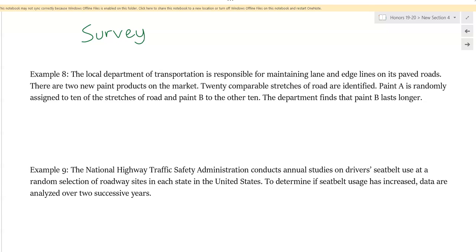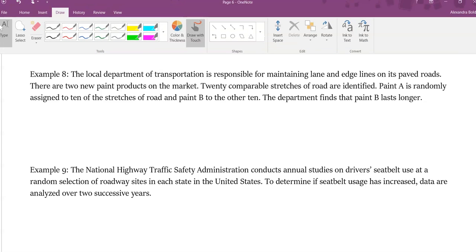The local Department of Transportation is responsible for maintaining lane and edge lines on its paved roads. There are 2 new paint products on the market. 20 comparable stretches of road are identified. Paint A is randomly assigned to 10 of the stretches of road and paint B to the other 10. The department finds that paint B lasts longer.